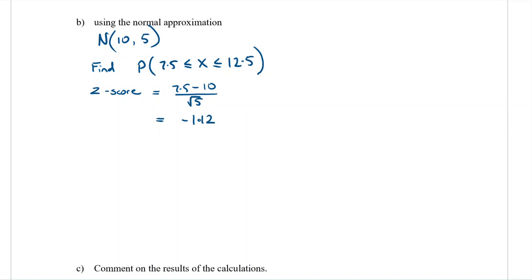Which is same as last time, but anyway, there it is. Minus 1.12. And if we do the other one, our Z score is going to be 12.5 minus 10 over square root of 5, which is the positive 1.12.